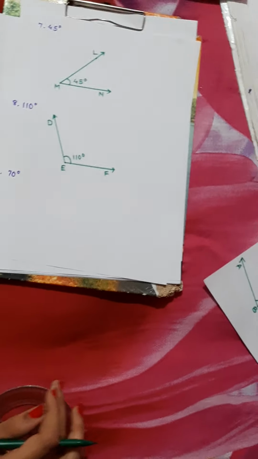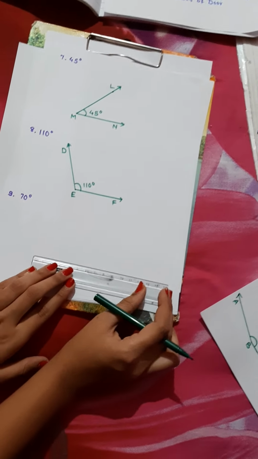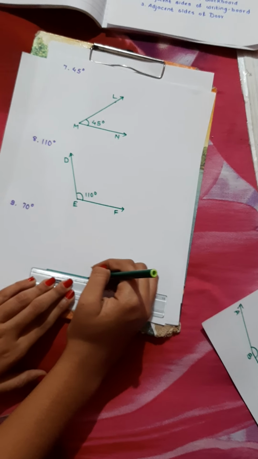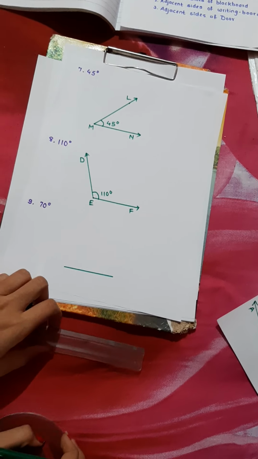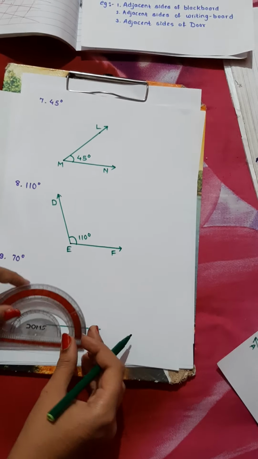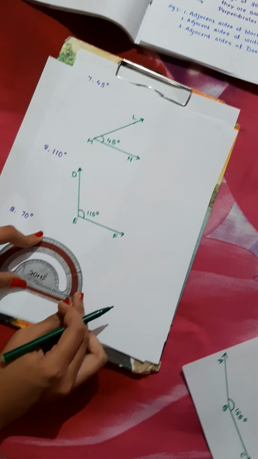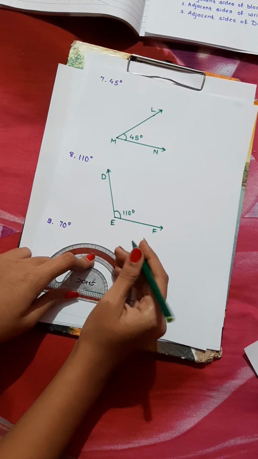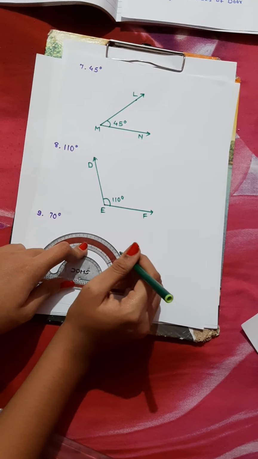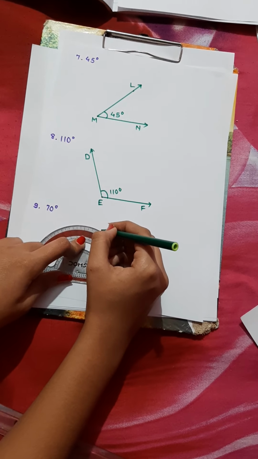Next one, 70 degree. It is less than 90, means it is an acute angle. Draw one horizontal line. Keep the protractor properly. Now you know how to keep the protractor, and mark at 70 degree.